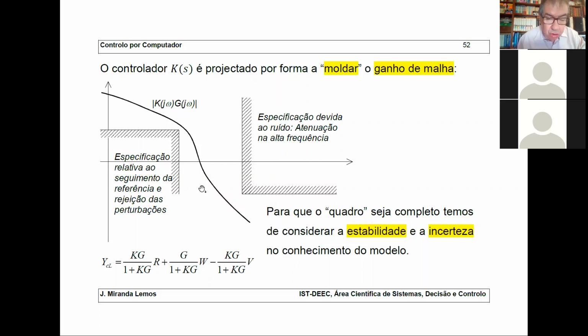And stability has to do with the phase, okay? And it happens that the phase depends on the inclination, on the slope of the kg, the loop gain curve. So if you have a very fast decay of the modulus of kg in frequency, then the phase drops very fast and we have stability problems.